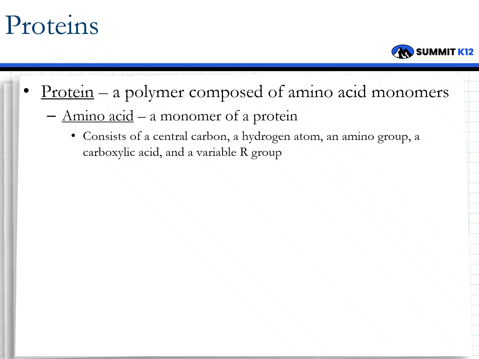There are 20 different R groups, which means there are 20 different types of amino acids. If we change that R group, we change the structure, which changes the function, because structure dictates function.